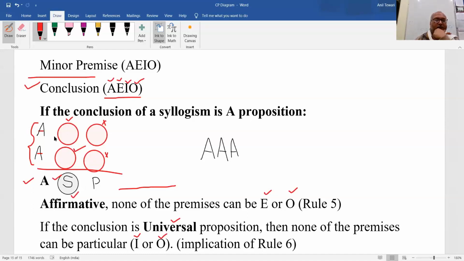Okay. And you know that A combination can distribute only subject term. So you are looking for the distribution of minor term in the minor proposition. So if you have subject here only, then it will be distributed. You have to place subject here because you are looking for the distribution of subject term, that is the minor term, and A can distribute subject only when it is falling here, nowhere else.